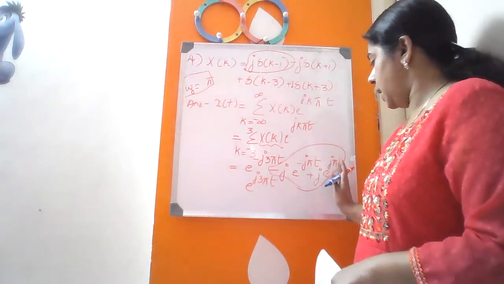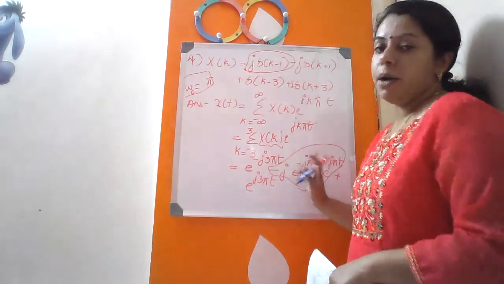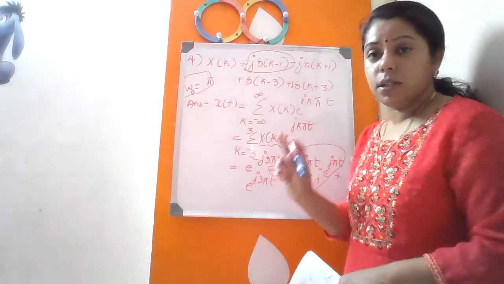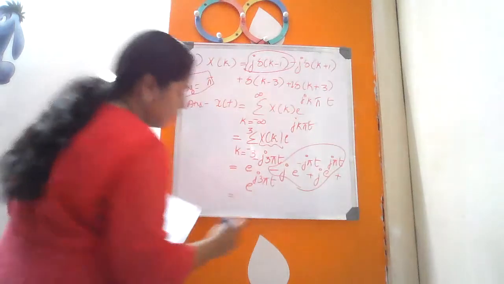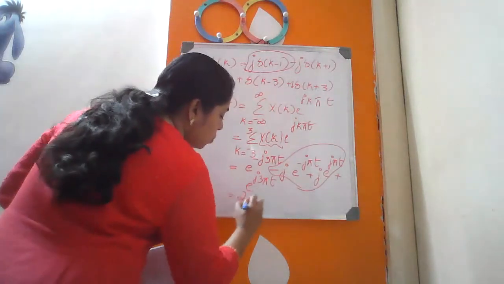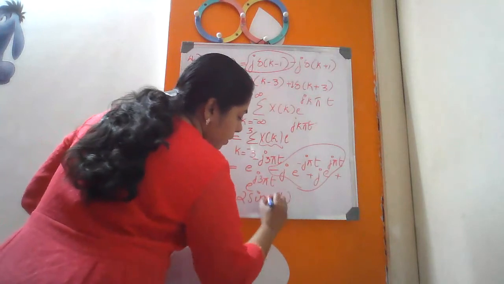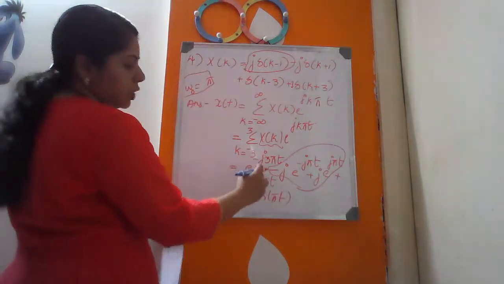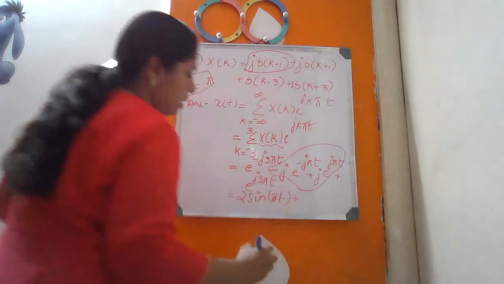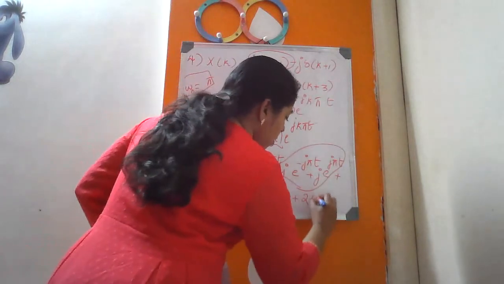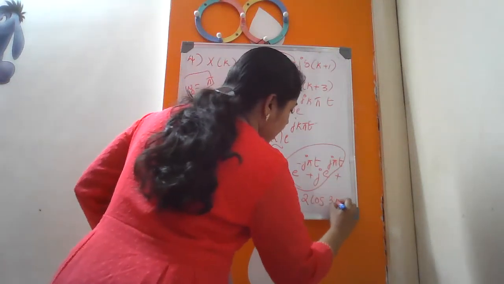So e power j theta minus e power minus j theta is in terms of sine. So this I can write as 2 sine pi t. Then the remaining two terms I can write as cos, so 2 cos 3 pi t.